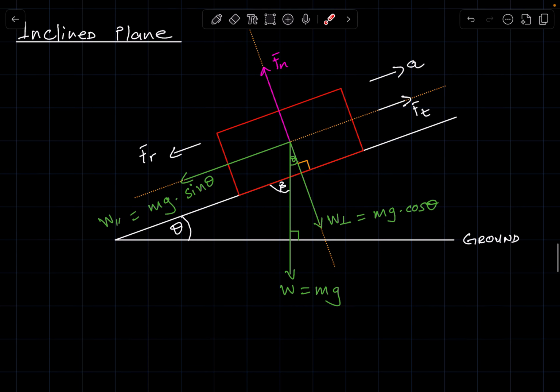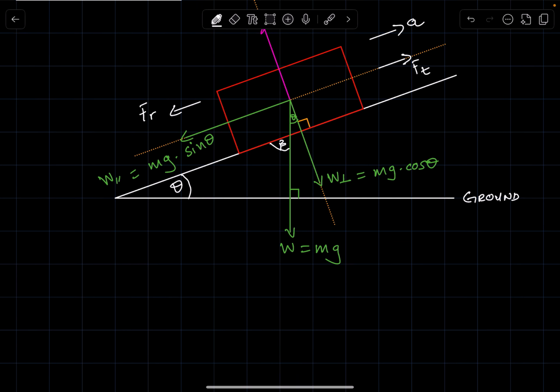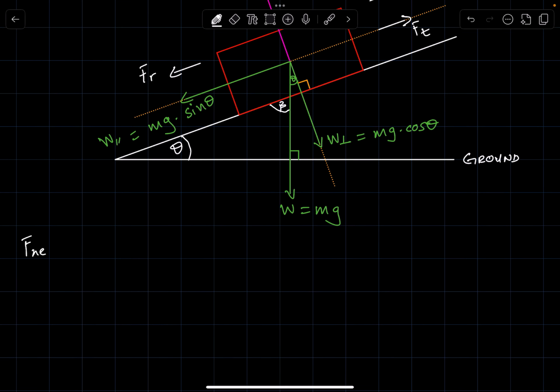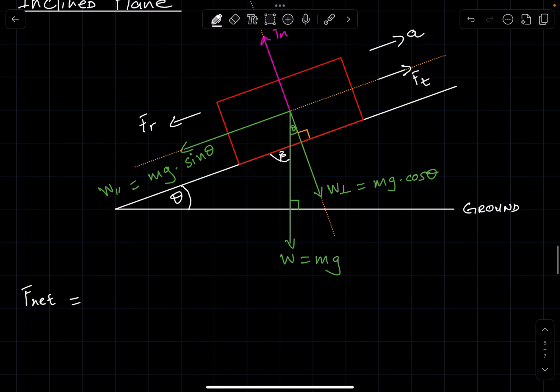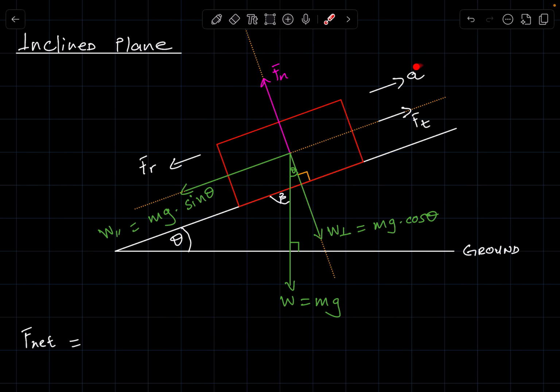After getting these forces, you then have to establish the vector sum of forces. Vector sum of forces is F net. F net is the vector sum of forces, or the resultant force. And how you get F net is by using the direction of acceleration. The forces going in the same direction as acceleration, you take as positive, and forces going against the direction of acceleration, you take as negative.